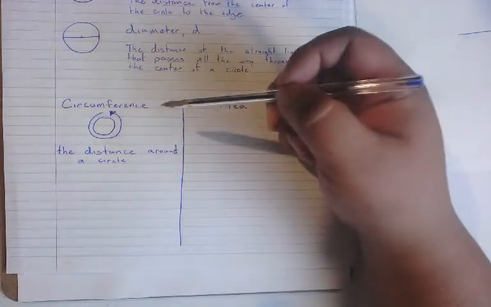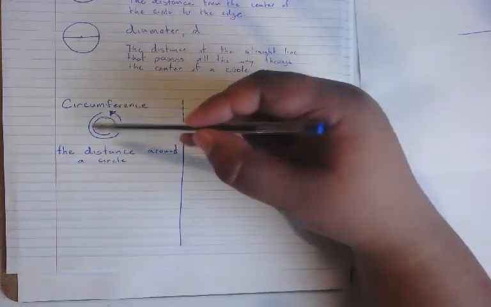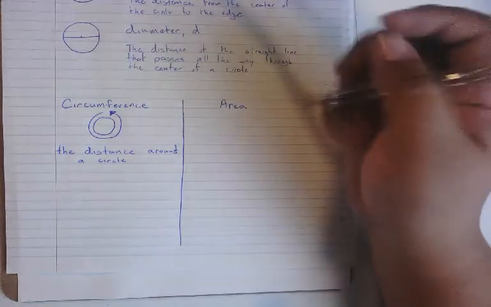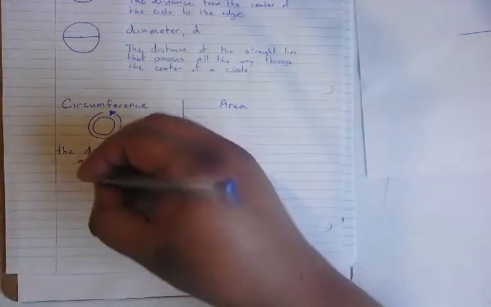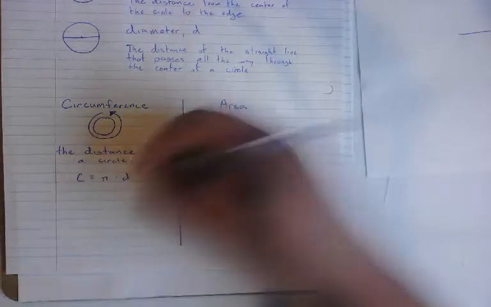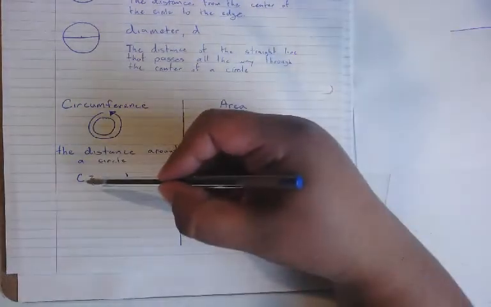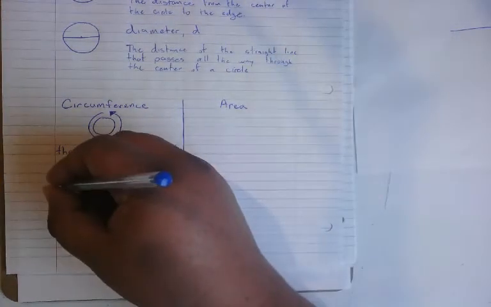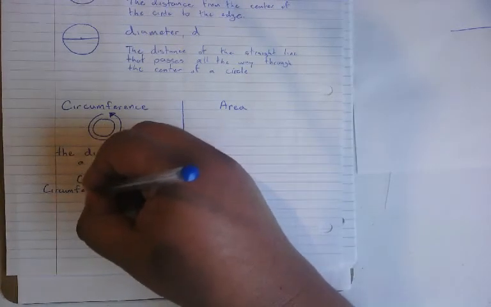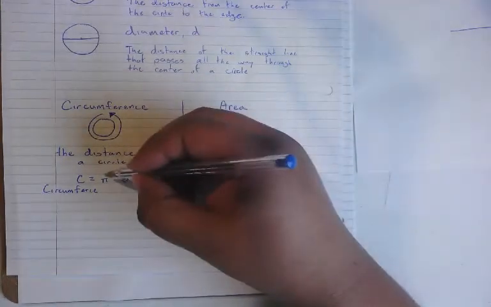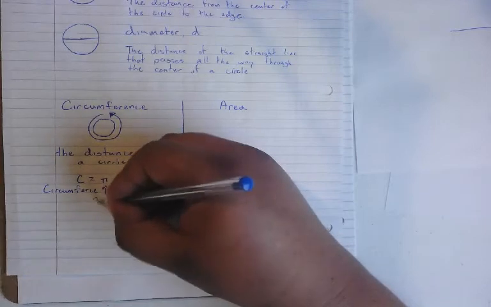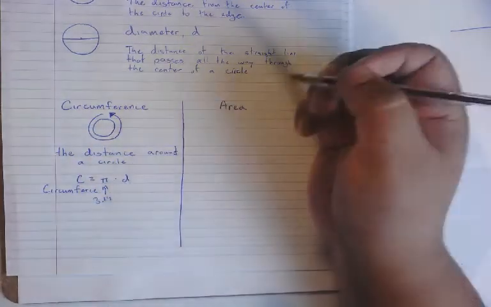So when we're talking about circumference, we're talking about the distance around the circle. So that's sort of like our perimeter, but for a circle. And the formula that they give us is C equals pi times diameter. Now the letter C in this case stands for circumference. Our symbol pi right here, we're going to use 3.14 to help us figure it out.